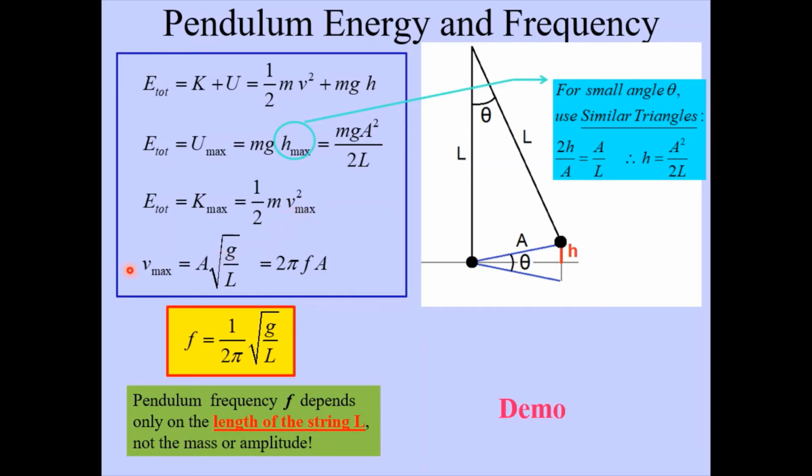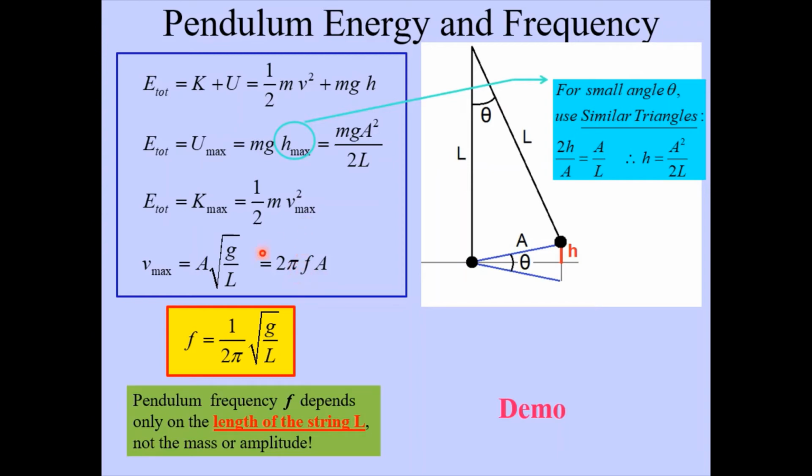And v max can be determined using two formulas shown here. Again, I'm not going to prove these in this lecture, but one of them is the amplitude times the square root of g, which is 9.8, divided by the length of the string, or v max, the maximum speed of the pendulum, is found by 2 pi times the frequency times the amplitude.